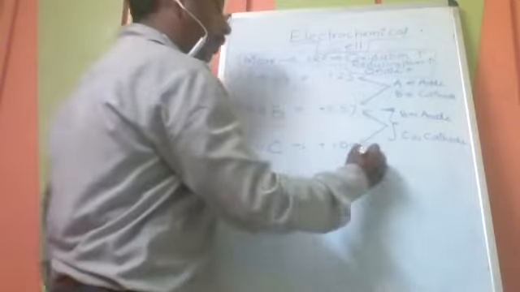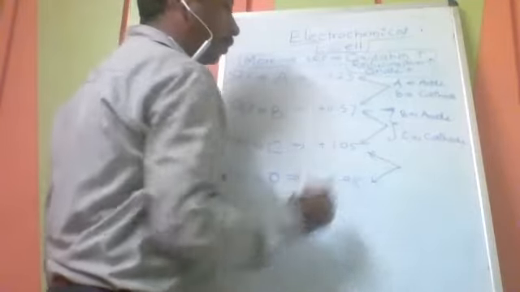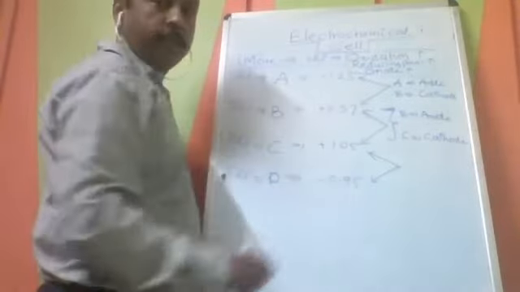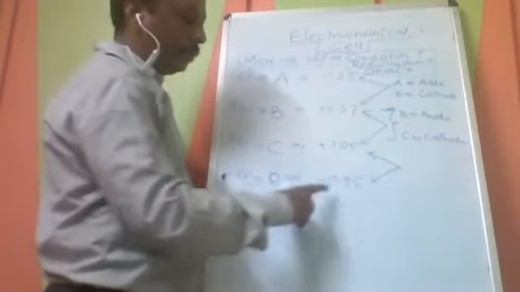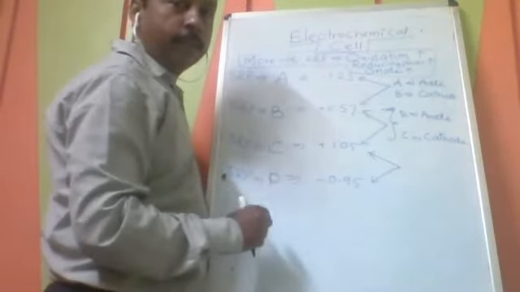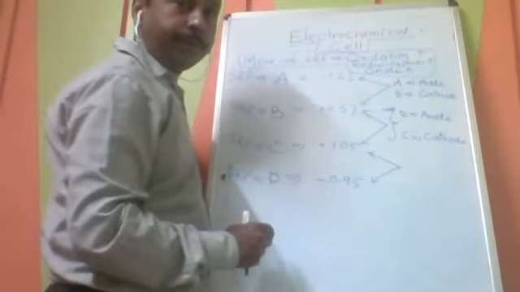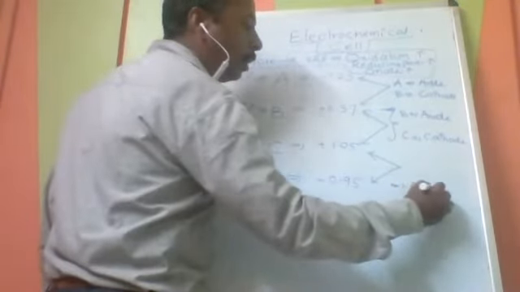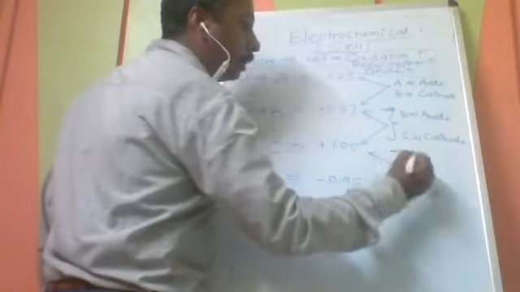Now let us take another option, these two: plus 1.05 and minus 0.95. Here it is minus and it is plus, so there is not much problem. Minus will always act as anode and plus will act as cathode.